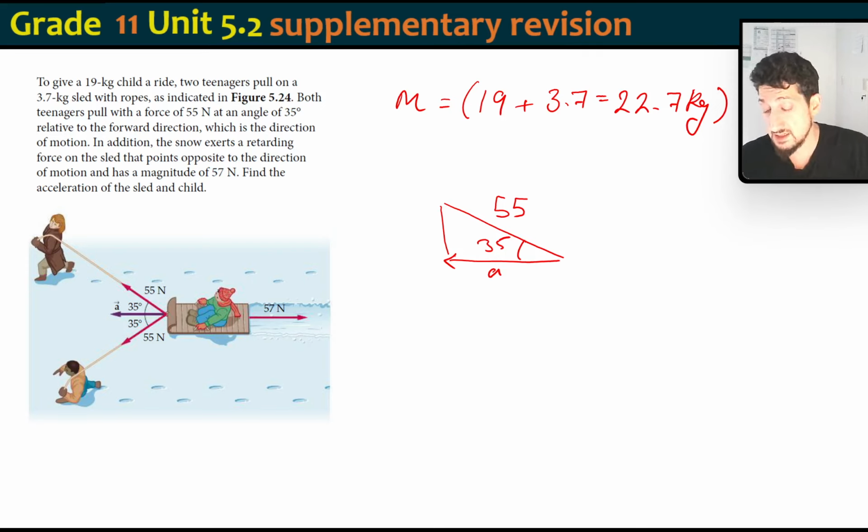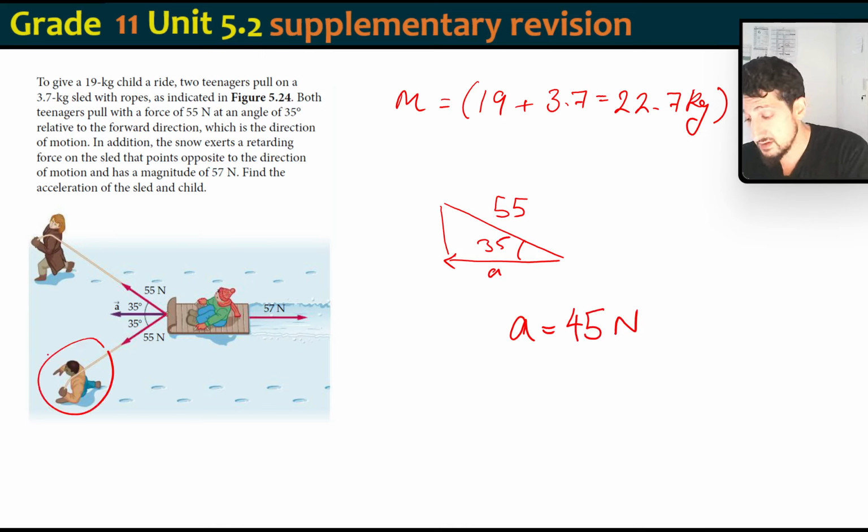So how do we work out the adjacent? Cos 35 multiplied by 55. This gives me A is equivalent to 45 newtons. There's two A's. Why? This guy is pulling and this guy is pulling. They're both pulling, so they produce 45 times 2, which equals 90 newtons.